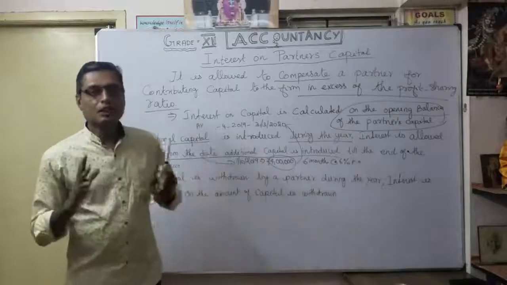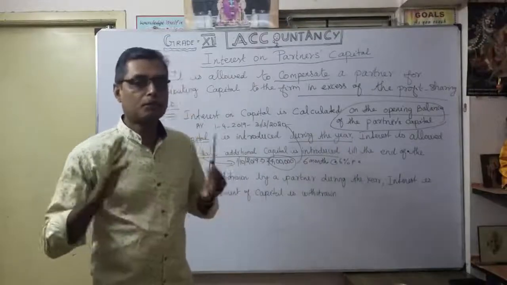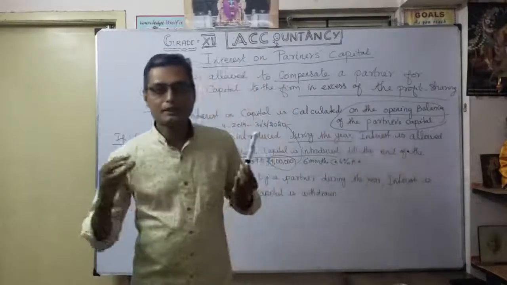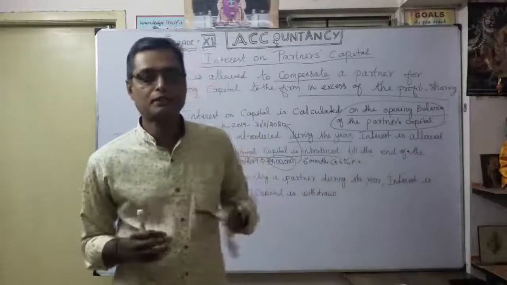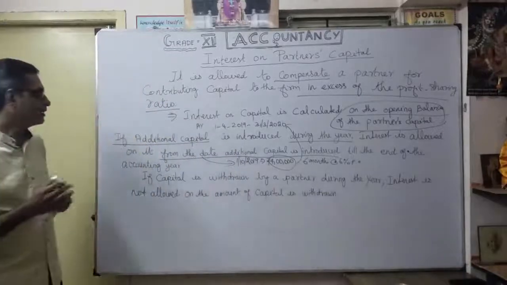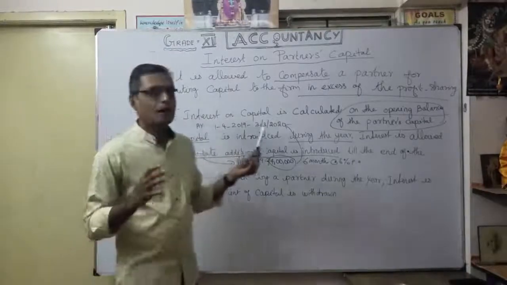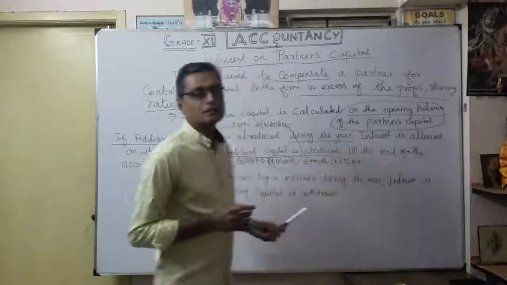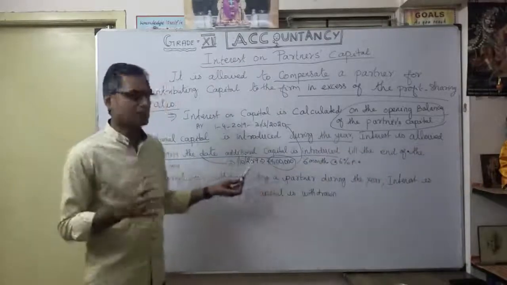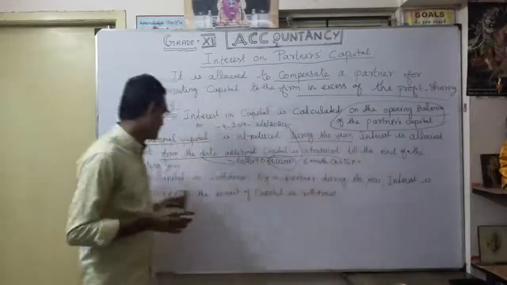First, interest on capital is mostly calculated on the opening balance of the partner's capital. Even if any additional capital is introduced by the partner during the accounting year, interest is allowed very simply from the date of introduction till the end of the accounting year.